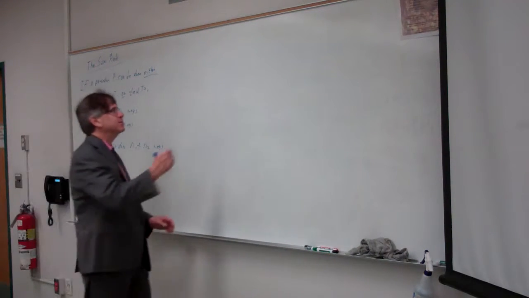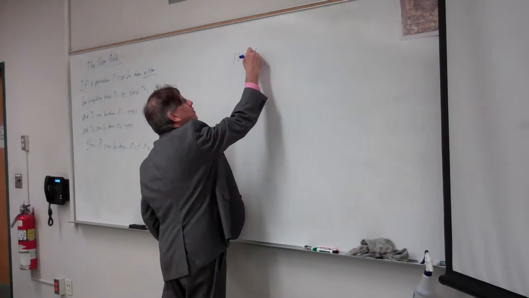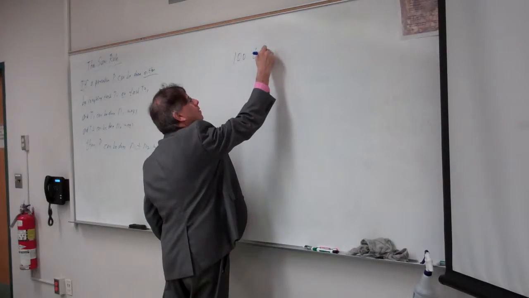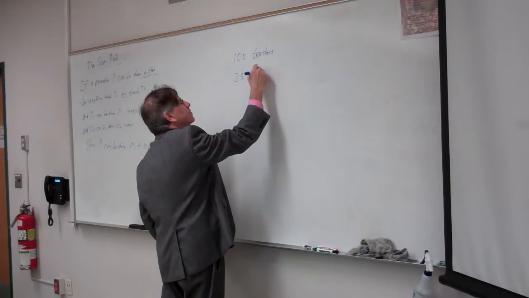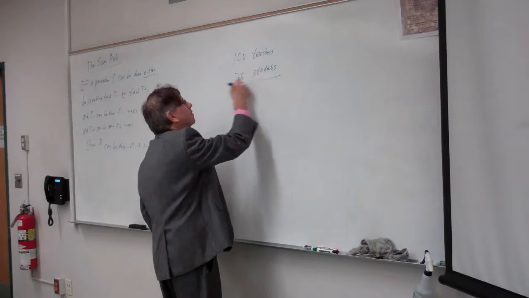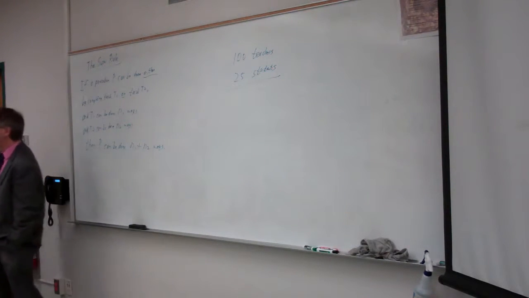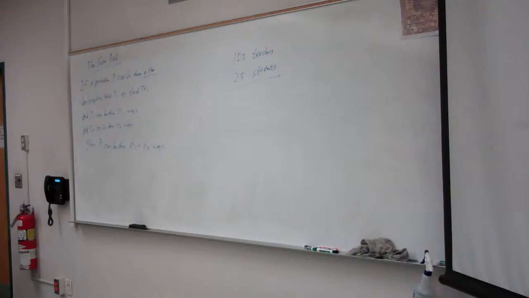So you have 100 teachers and 25 students. And your procedure is to choose either a student or a teacher to go to some conference. You're going to pick one person. They can be either a teacher or a student.